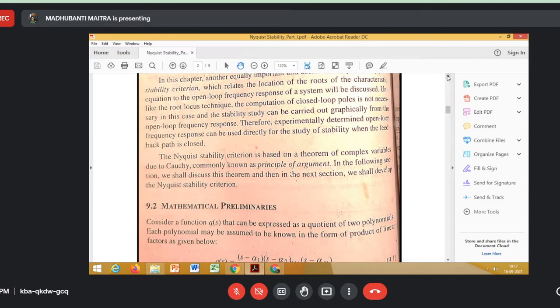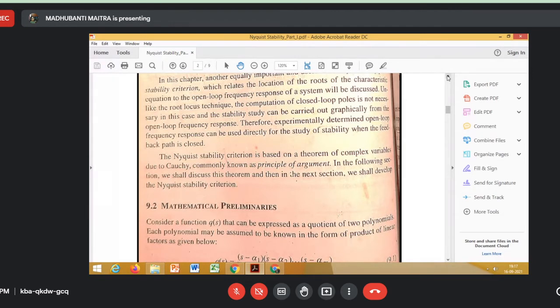It might so happen that one open loop system is unstable, we'll see that. But if we close the feedback path, it might so happen that the system will become a stable one. So generally we work with closed loop systems, and hence the stability of a closed loop system is of importance to us, right? And the advantage of Nyquist stability criterion is that from the given open loop transfer function, we can find out the stability of the closed loop system.